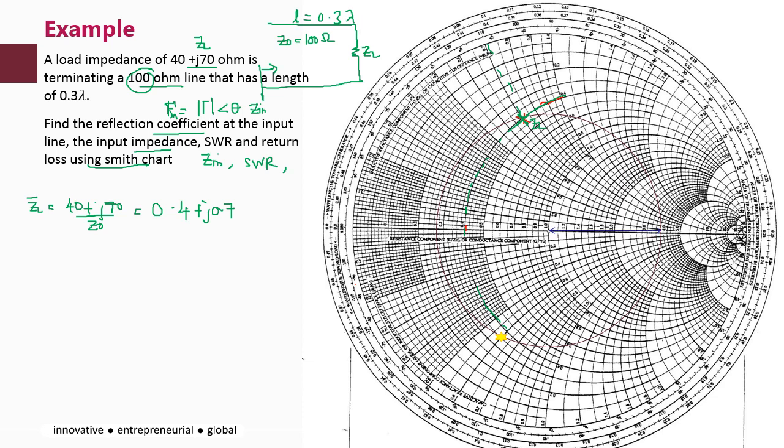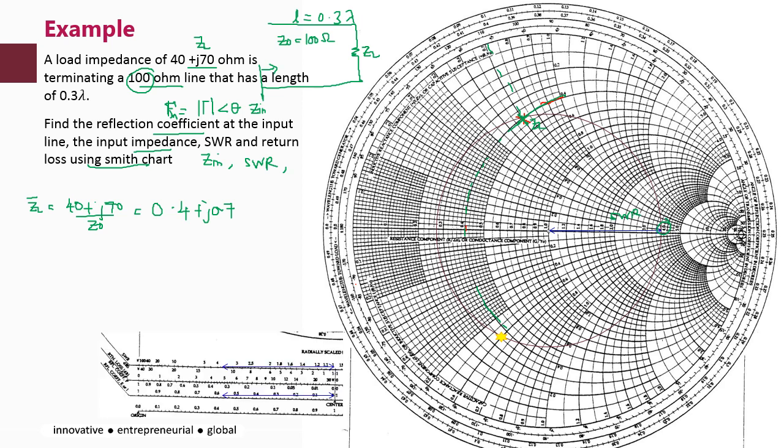You can read the SWR as 4, or if you cannot see the scale, bring the value down towards the SWR scale. It is not exactly 4, it is 3.8. So your SWR equals 3.8.